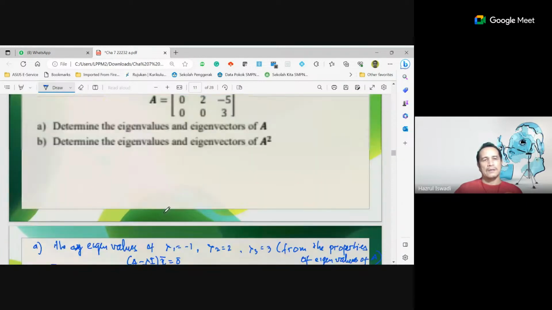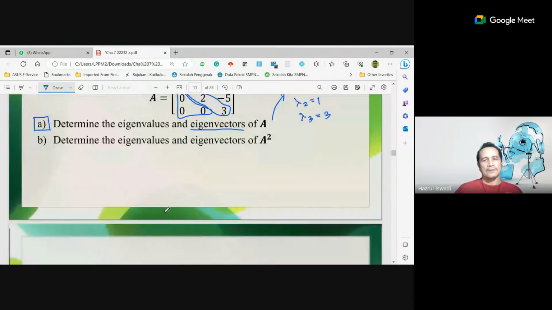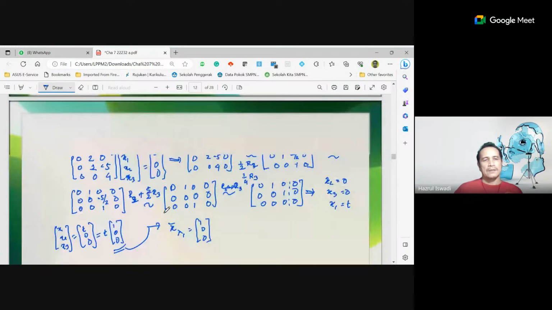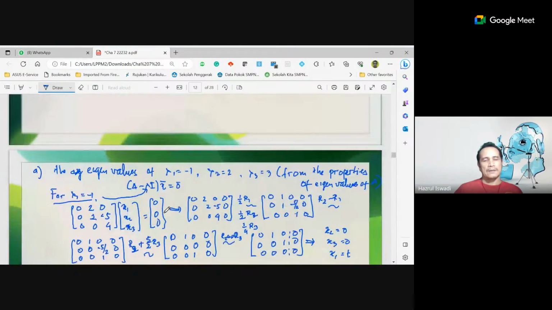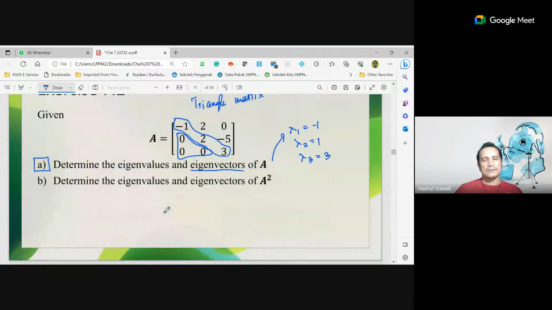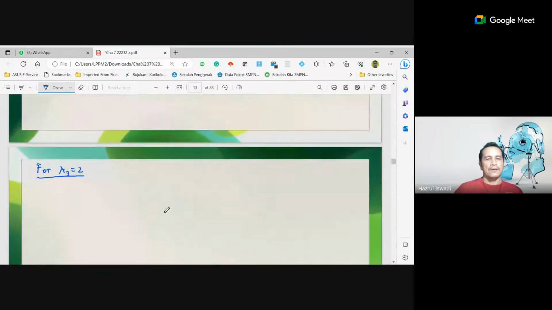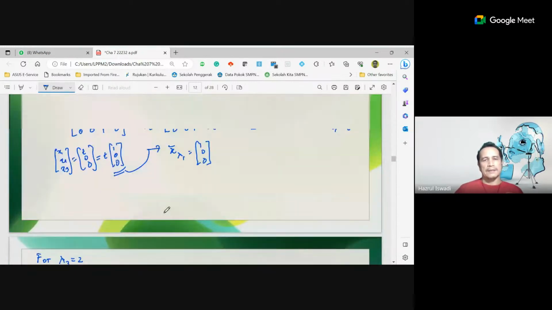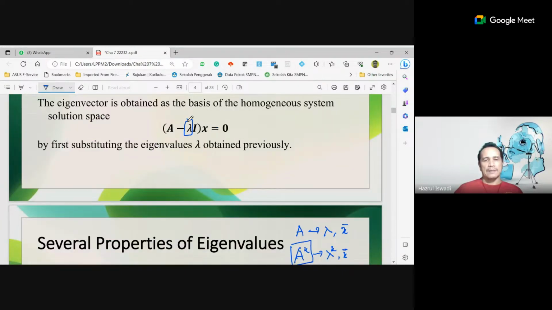For 2 it means that we replace lambda by 2, and it means that the main diagonal must be subtracted by 2.